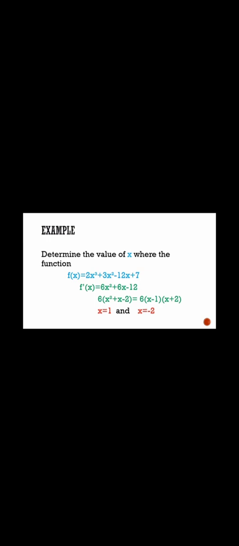Now, we have our test values and the graph. As we observe, the derivative is positive outside of negative 2 and 1 and is negative inside of negative 2 and 1. We can conclude that f is increasing outside of negative 2 and 1 and decreasing inside of negative 2 and 1.